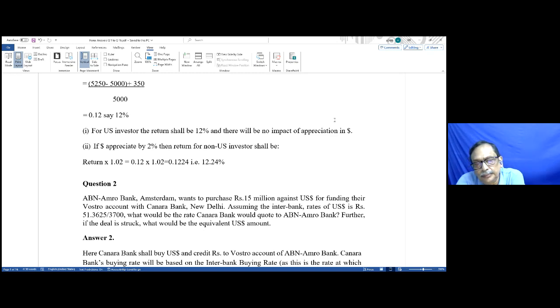As per the second assumption, if the dollar appreciates by 2%, then the return for a non-US investor shall be the return multiplied by 1.02, that is 0.12 into 1.02, which comes to 0.1224, that is 12.24%.